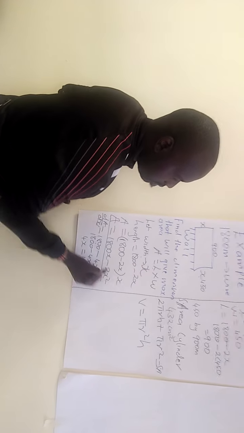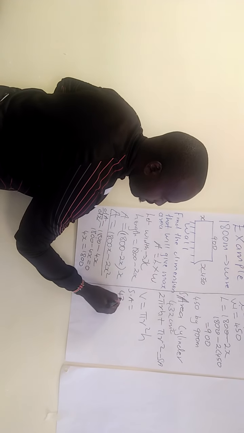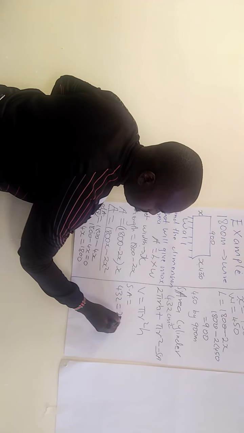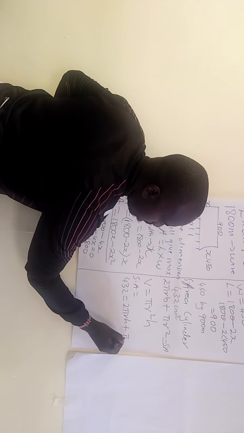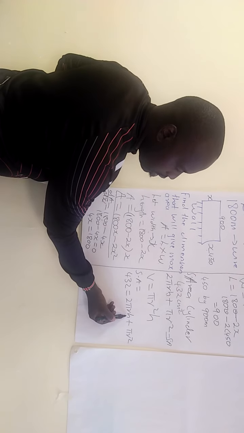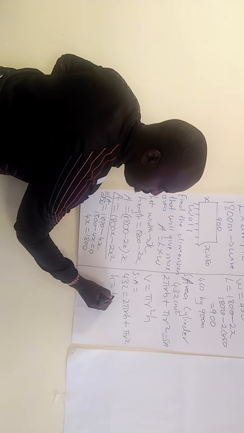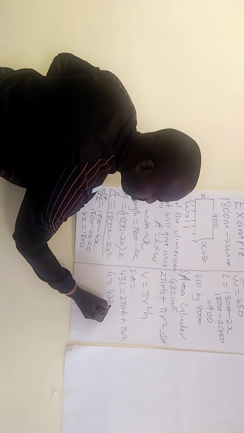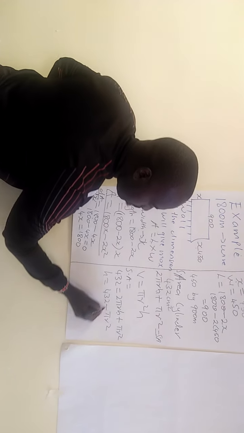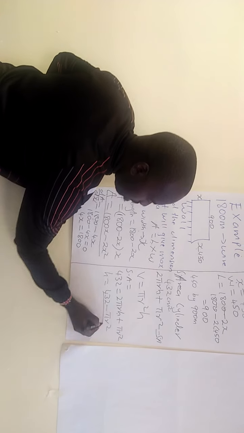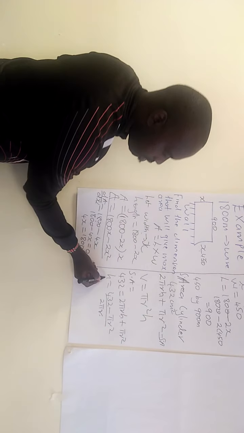In this case, our surface area 432 is equal to 2 pi r h plus pi r squared. So we need to make h the subject. So our h will be 432 minus pi r squared, over 2 pi r. So this is our h.